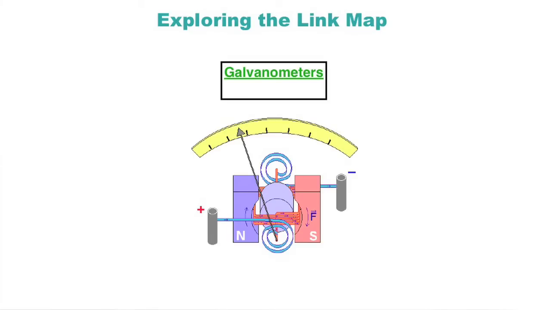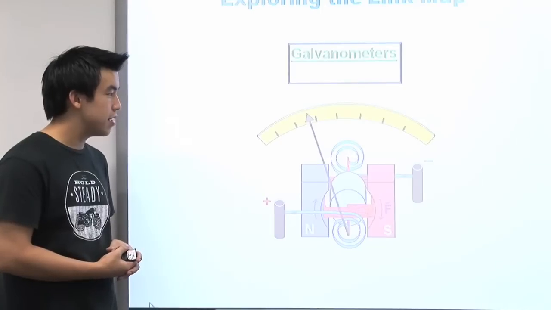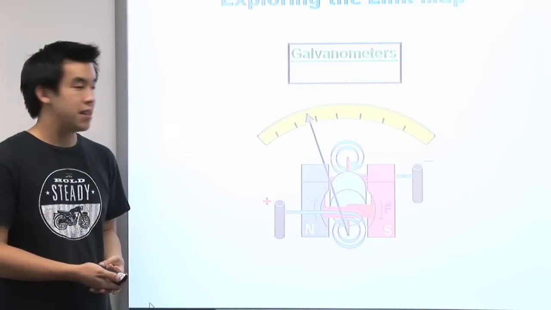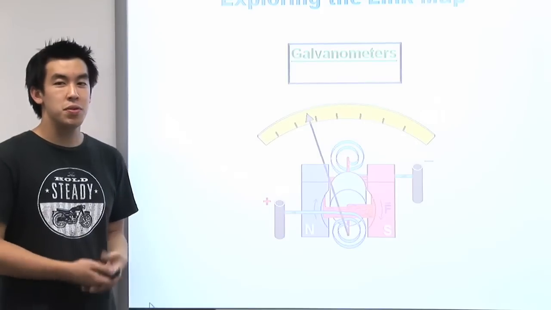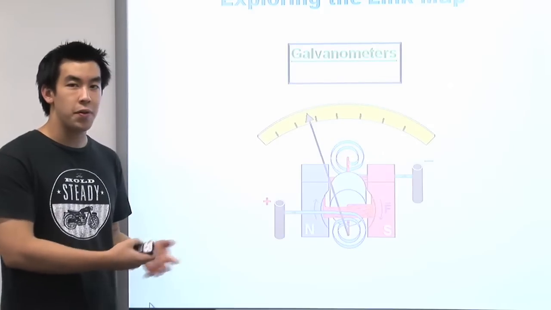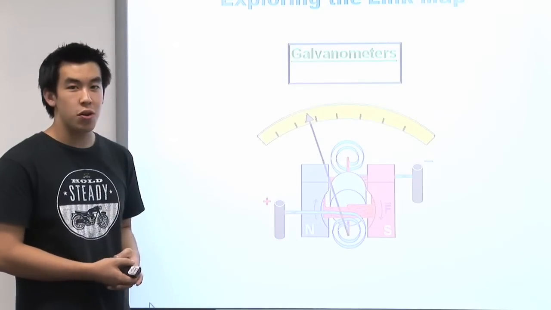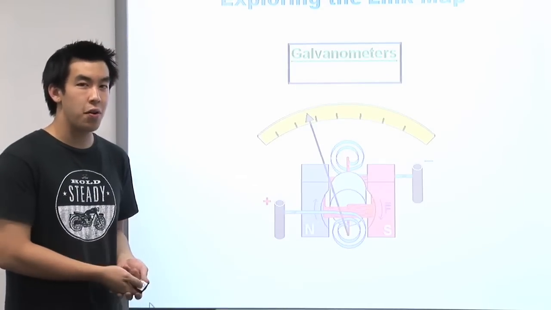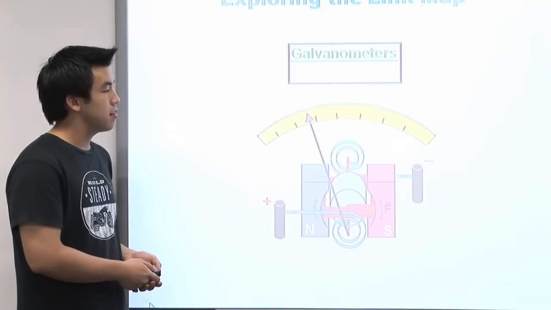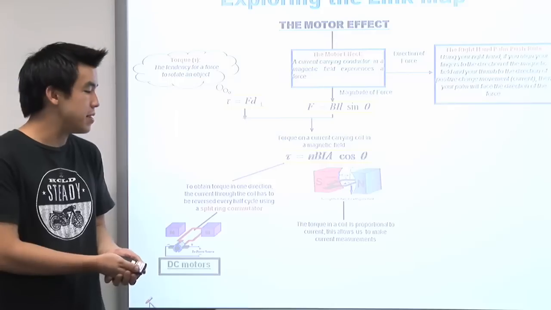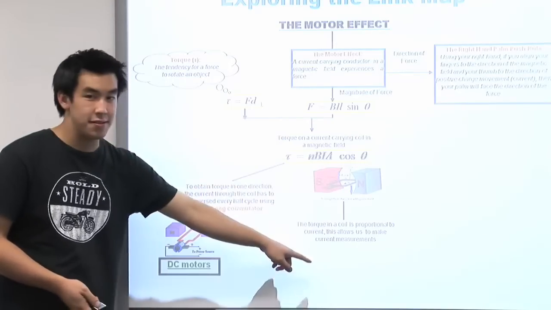Within galvanometers, the torque on a current carrying coil in a magnetic field leads to a reading being read out on a scale. This reading will be proportional to the amount of current going through the coil. So, galvanometers, by looking at that torque, can measure the current going through the coil. Therefore, the application of galvanometers is linked through here.